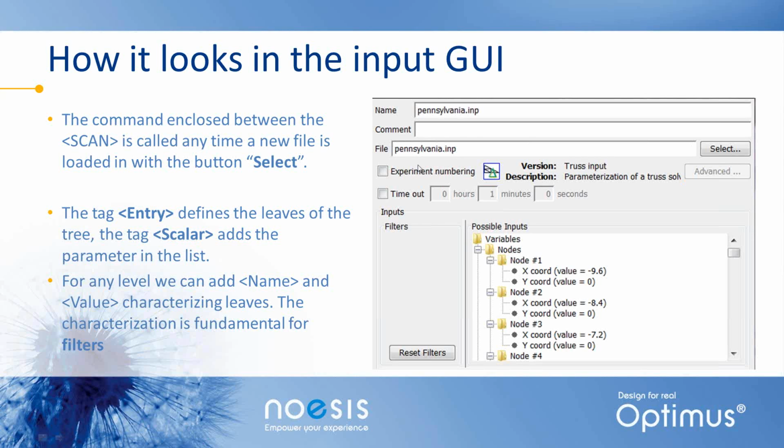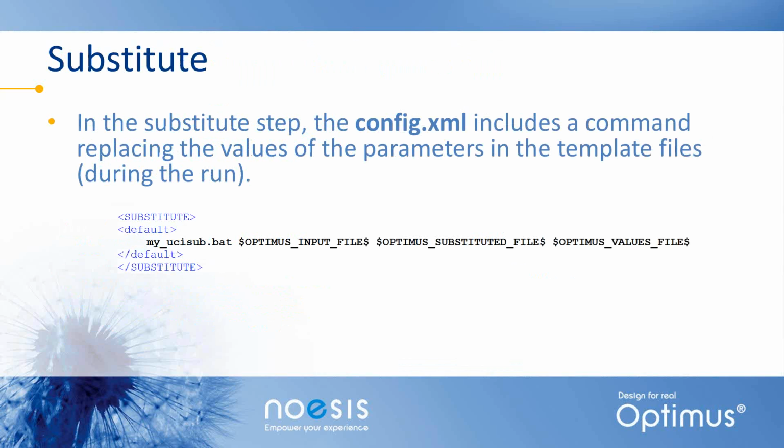This file, Pennsylvania.imp, is scanned, and the list of entries in the XML file is transformed into something that you can see organized in a tree in this list. On the left side, we can also define a filter, and we will see in a few slides how to do that. This is for the scan that is done anytime you select in the graphical user interface.